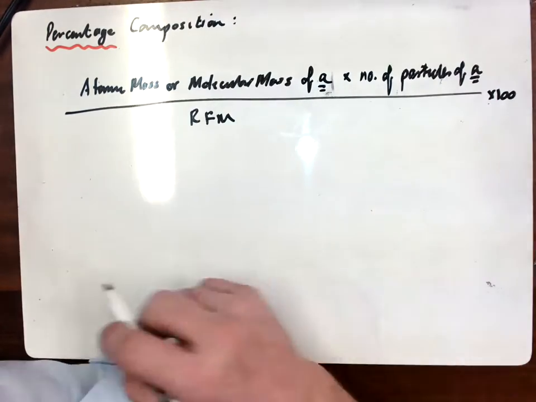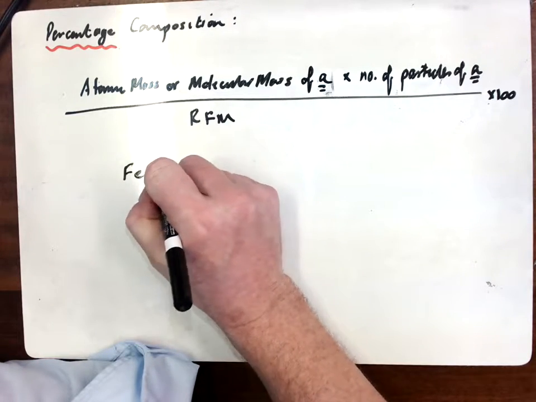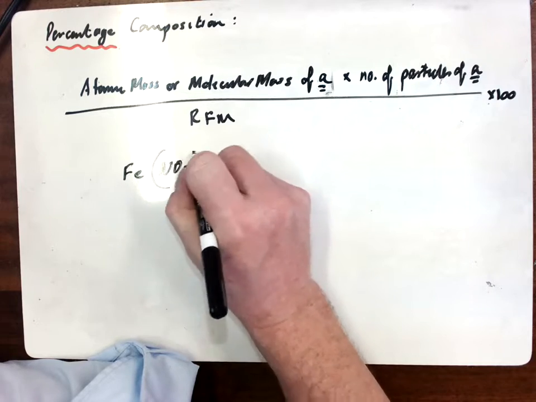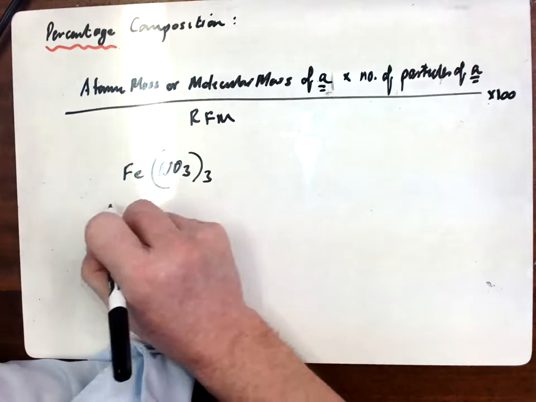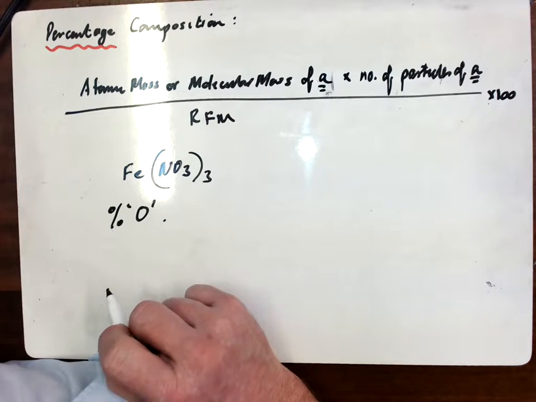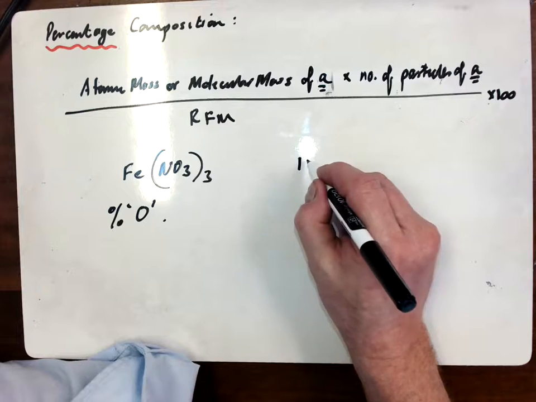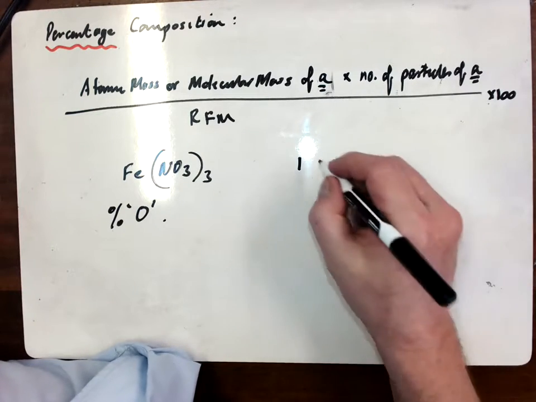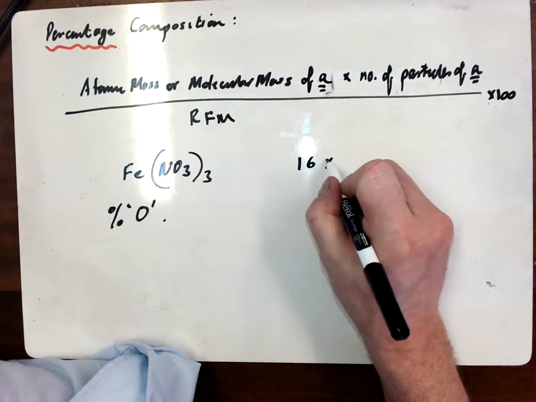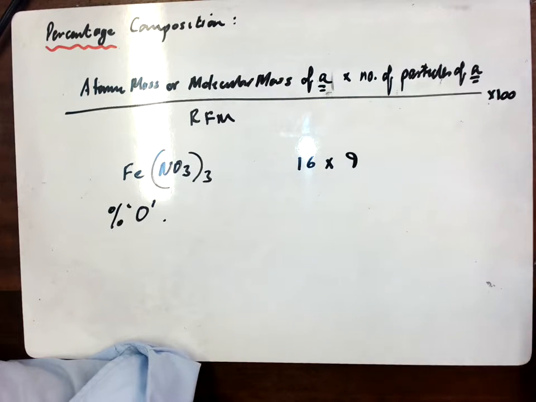Let's look at another one, again something a little bit more challenging. We'll look at iron(III) nitrate, Fe(NO3)3, and this time we're looking to calculate the percentage of oxygen in it. Oxygen has a mass number of 16 in the periodic table. How many particles of it do we have? We have 3 times 3, so we have 9 of them.